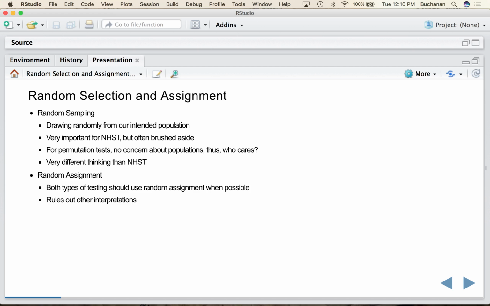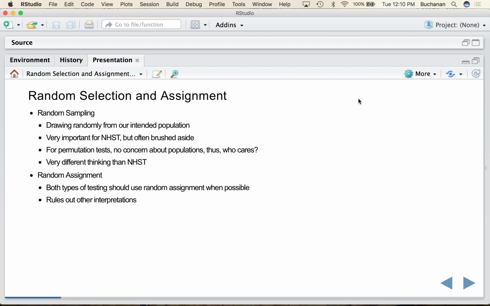One of the crux of the ideas for null hypothesis significance testing, which is NHST here, is that we have randomly sampled from this population. So it's all about comparing things to populations. We pull this sample of people that we think represents our population, and we're going to estimate our population numbers, our parameters, from this sample. And so we're drawing randomly from an intended population.